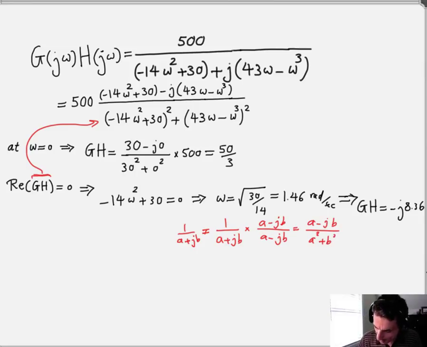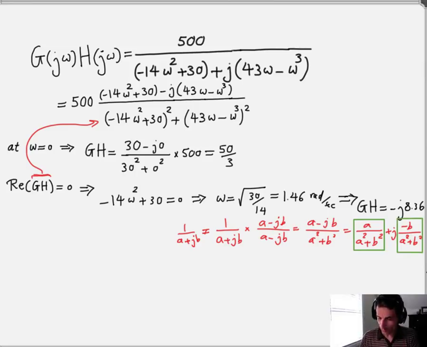So now you have a complex number in the form of, let's say, c plus jd. You can consider this to be your c and this to be your d.